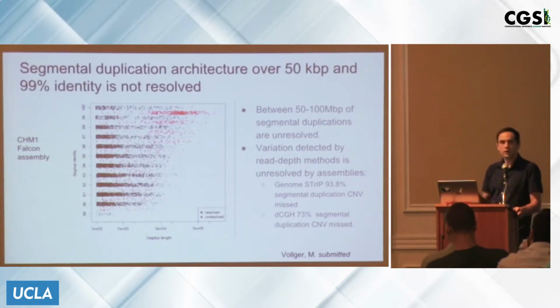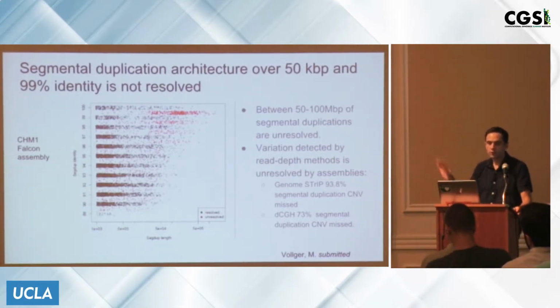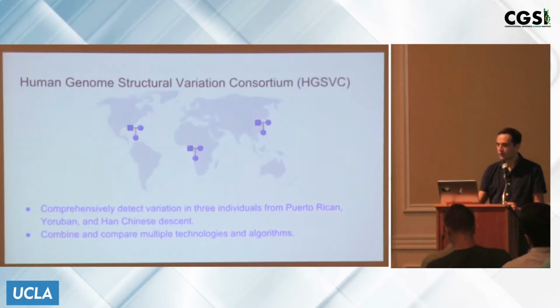I don't show it here, but this corresponded to about 314 genes within the entire data set we're looking at. So there's a very massive functional consequence of this type of variation that's missed by current de novo assembly methods. This alludes to another talk that I'll give on Monday about methods to try and resolve these variants.